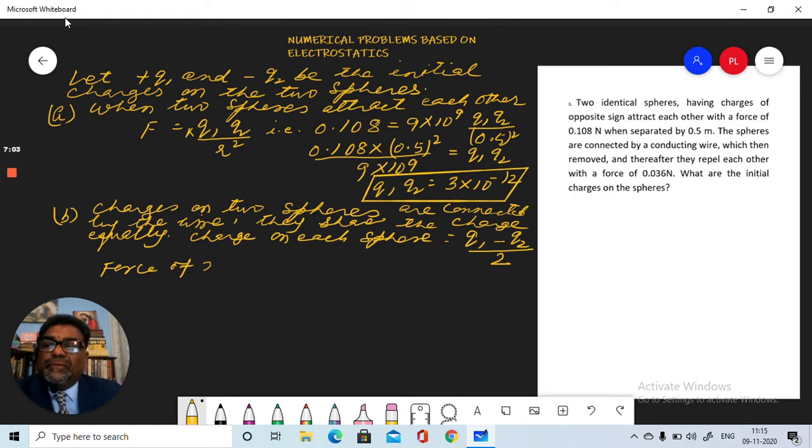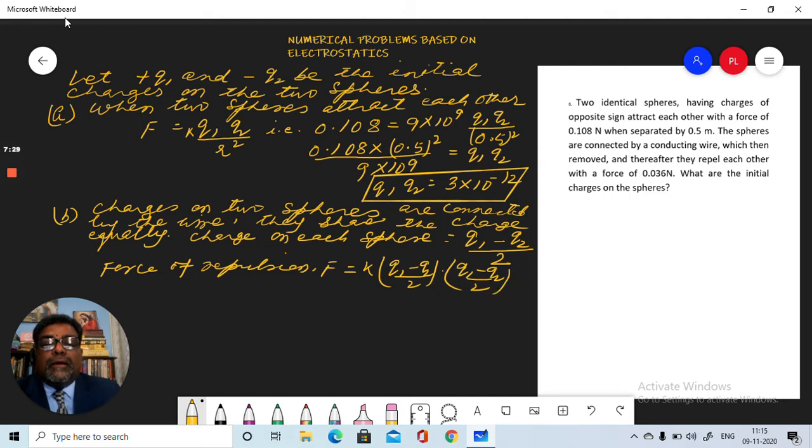The force of repulsion between them, that is F is equal to K, Q1 minus Q2 upon 2, then again second charge is also Q1 minus Q2 upon 2, upon R square.